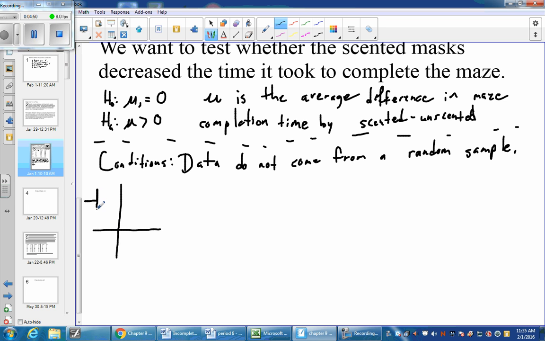I guess we don't really need the x-axis on there. We could just have your 0 somewhere here. And here we can assume normality because the box plot is reasonably symmetric, or there's no reason to doubt normality, I should say.